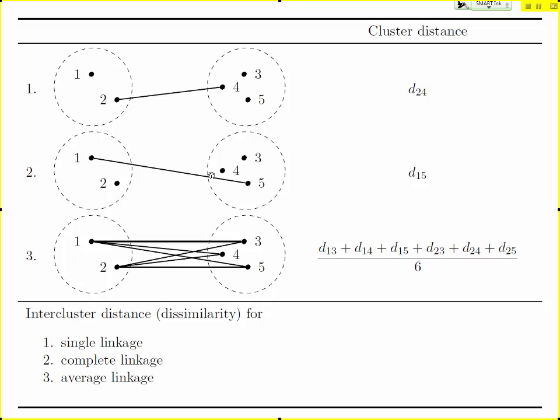They are called single linkage, complete linkage, and average linkage. And on the screen is a simple example where there are 5 items. There's currently 2 clusters. The first one contains items 1 and 2, and the second one contains everybody else, 3, 4, and 5.